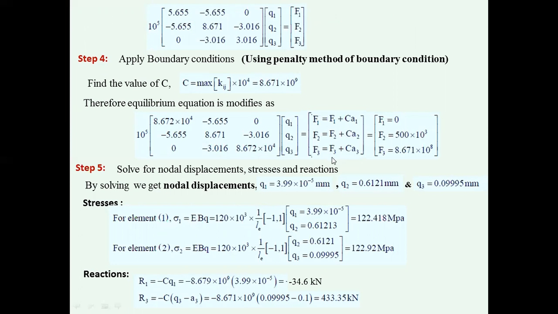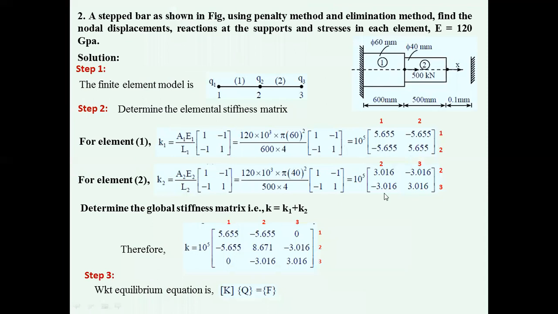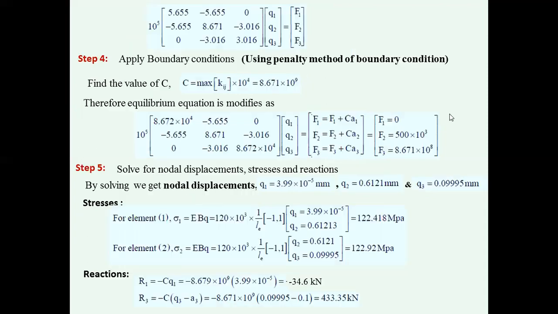Come to node 3. The value of F3 is 0 plus C. The value of C is 8.671 into 10 to the power of 9 into A3. When you see the diagram, node 3 is allowed to move a displacement of 0.1 mm, so 0.1 mm is the value of A3.